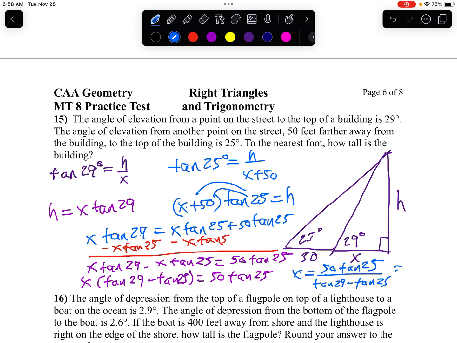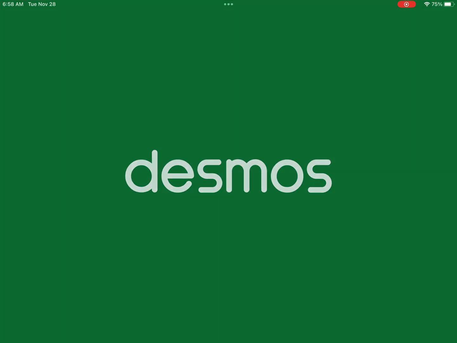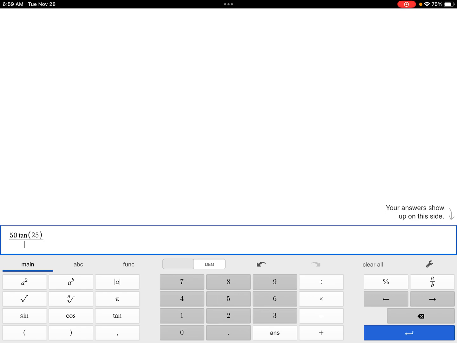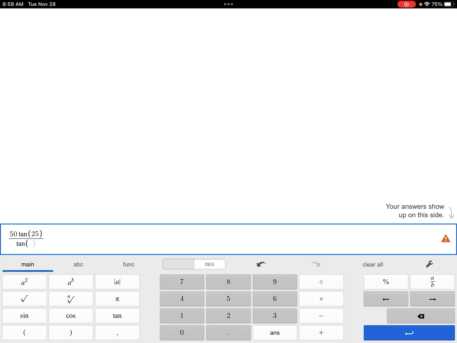Well, I think I'll use my calculator at this point to solve for X. So I'll go 50 times the tangent of 25, and then I'll divide that by the tangent of 29 minus the tangent of 25.